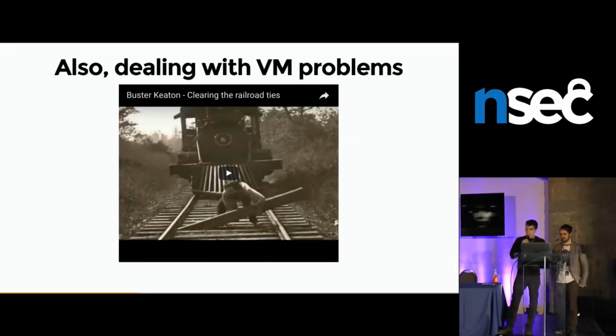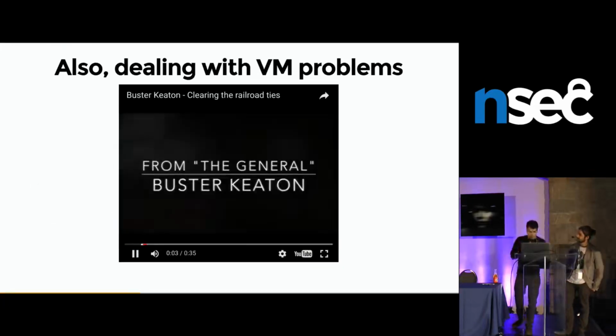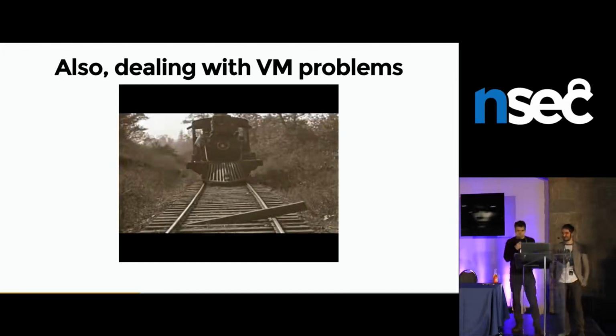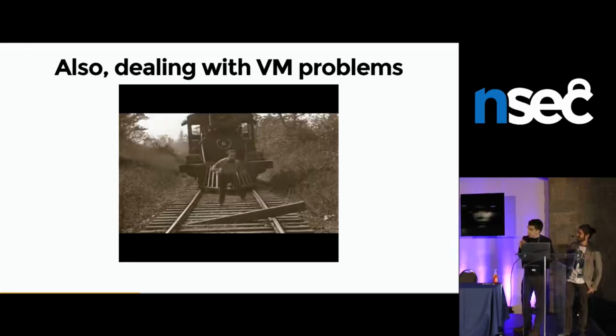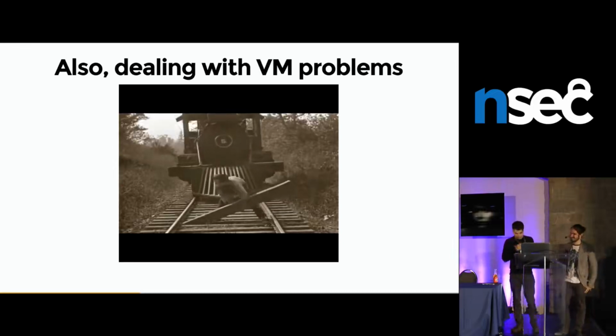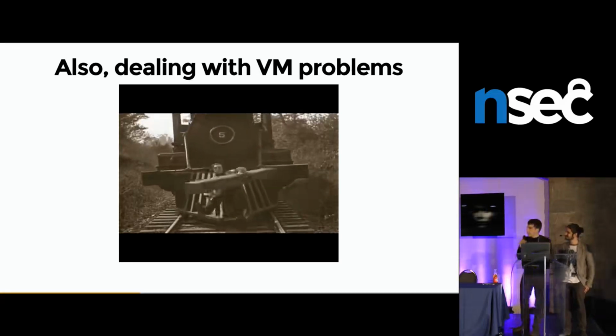Now, when you deal with VM problems, this is how you feel. It requires skills. You foresee the problem. What do I need to do? How should I react? Okay, now I can fix this problem. That's perfect. Took me some time, and it's applicable only to one environment, one situation.